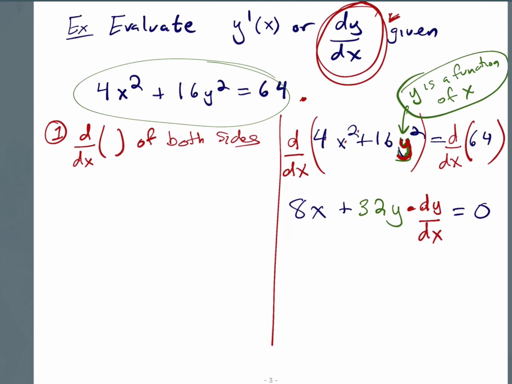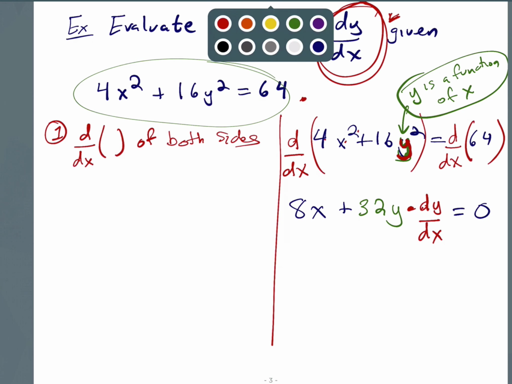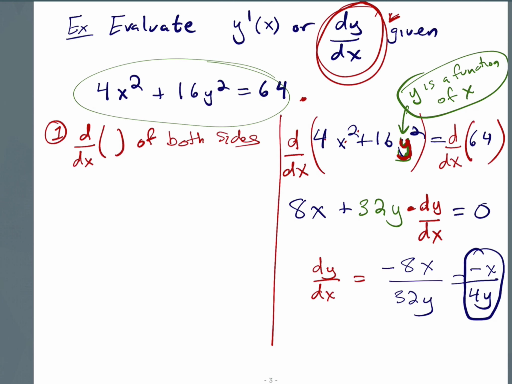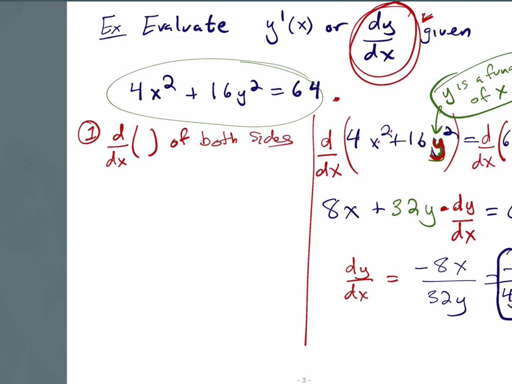So if I solve for dy over dx, I would get dy over dx equals minus 8x over 32y, or minus x over 4y. Now that's a little bit interesting because we have x's and y's in there. Well, that kind of makes sense if you look at the picture.